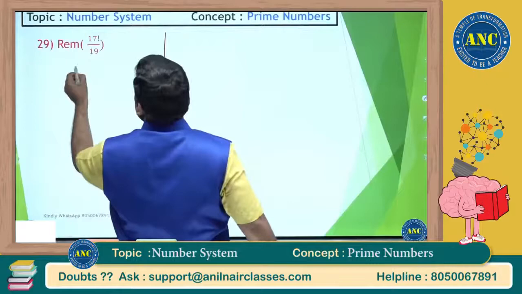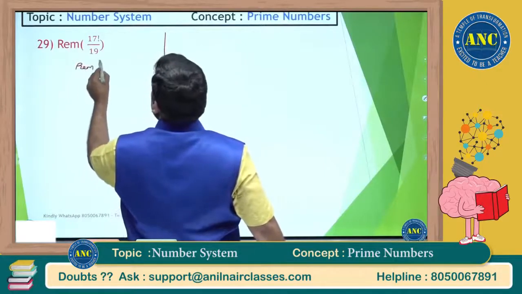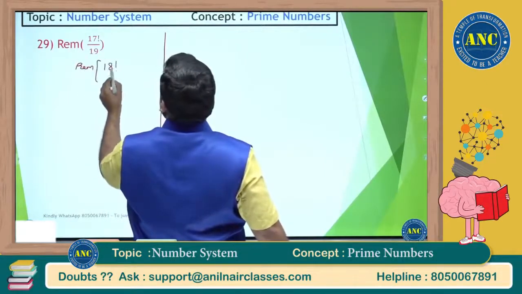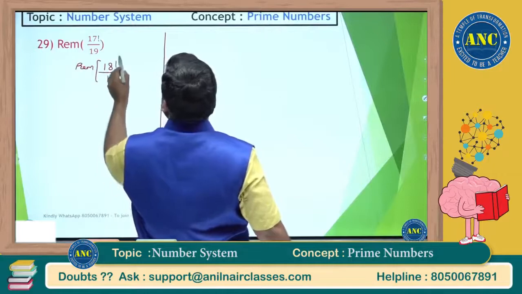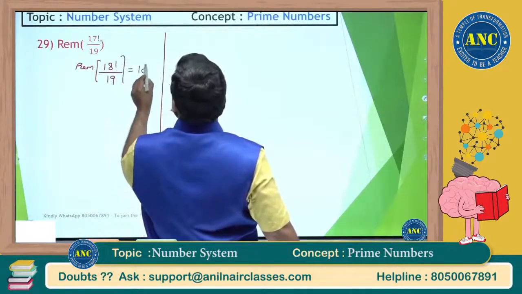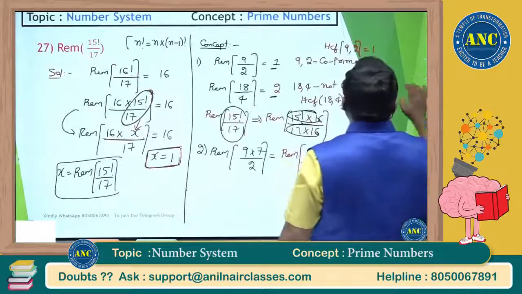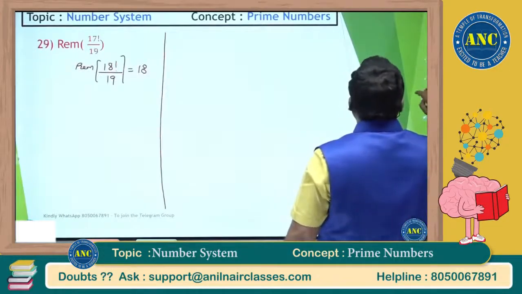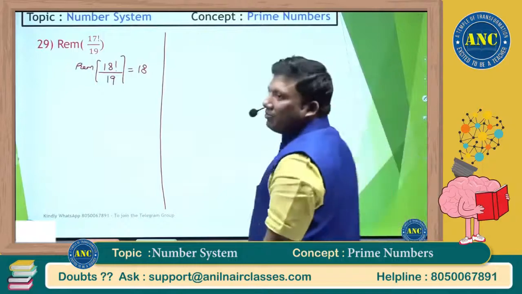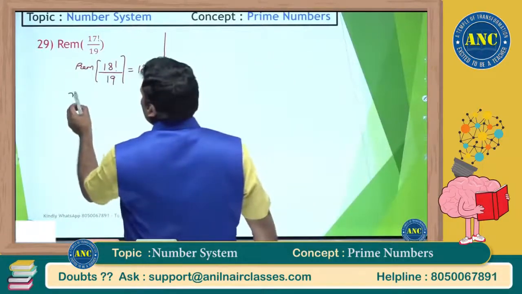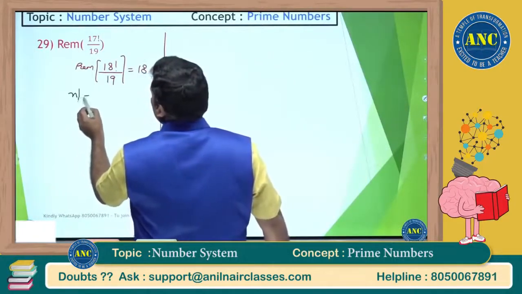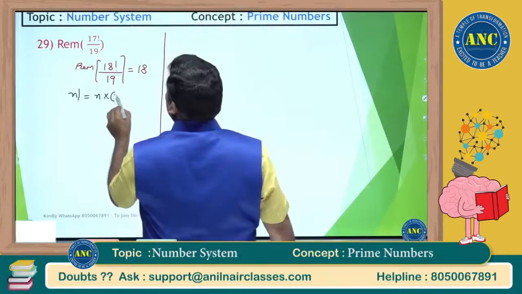Now see here. Remainder: 18 factorial, P minus 1 factorial by P, it is P minus 1. 18 factorial by 19, it is 18. Now see here, same thing. N factorial is n into n minus 1 factorial.